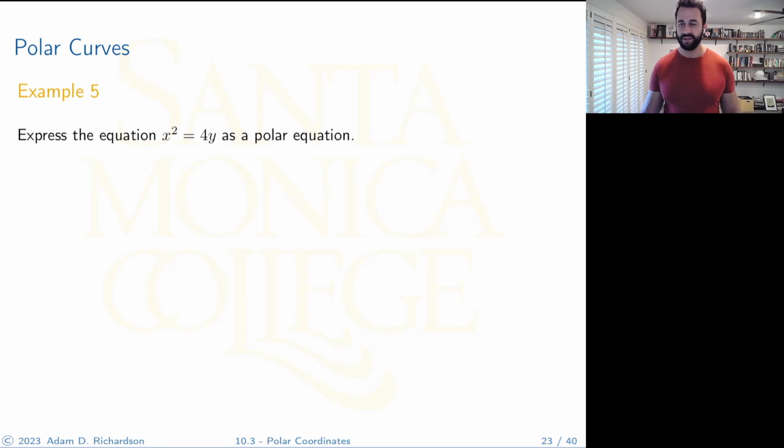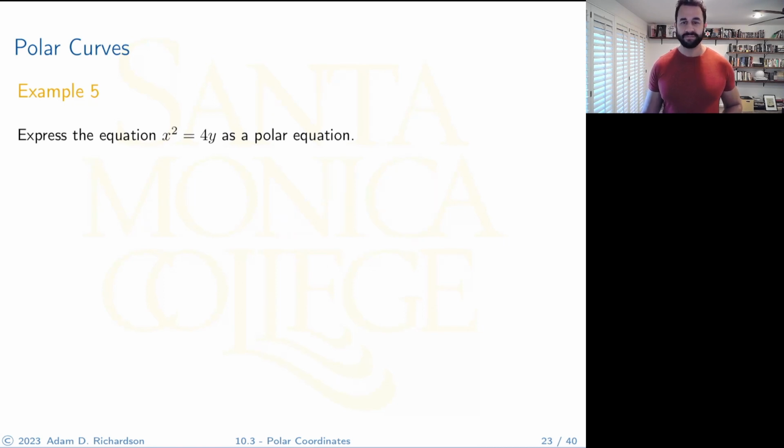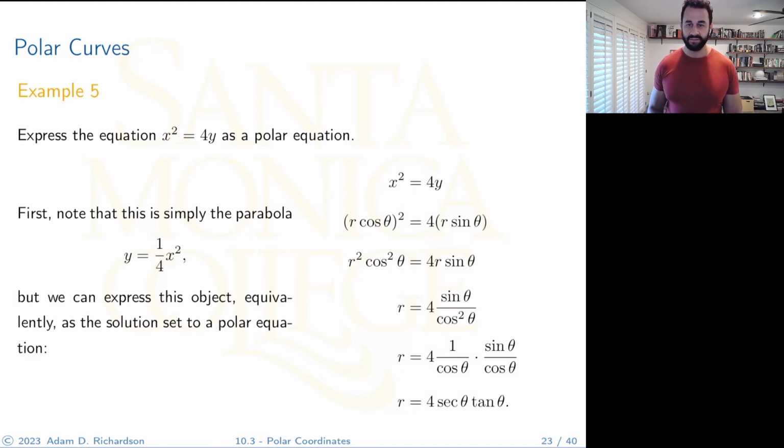Think about that for a minute and see how you would get that to be in terms of r's and thetas. Luckily this one isn't so bad, right? Because we know x and we know y, so we can just plug in r cosine theta and r sine theta and see what we get.